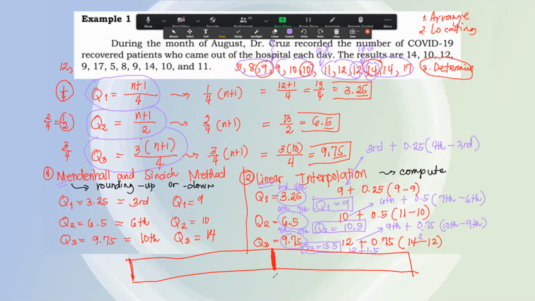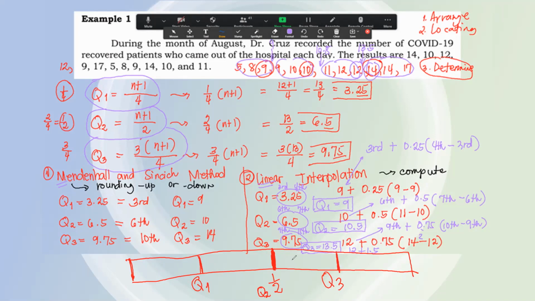So, ito yung 1/2. Nandito si Q sub 2. Nandito si Q sub 1. Nandito si Q sub 3. Okay? Or I mean, tama. You have there Q sub 1, and then this is Q sub 3.